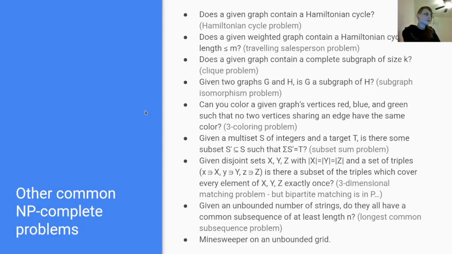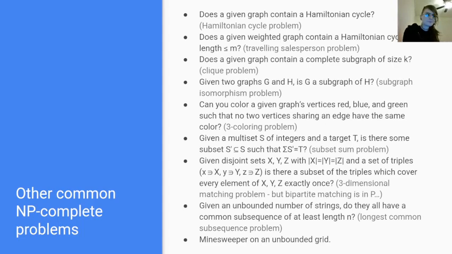That you can 4 color any graph. That is, color the vertices with red, blue, green, and pink, such that no edge has the same color on both sides. You can do that with any graph if you have 4 colors. But if you only have 3 colors, determining whether you can do that with a graph is NP-complete.